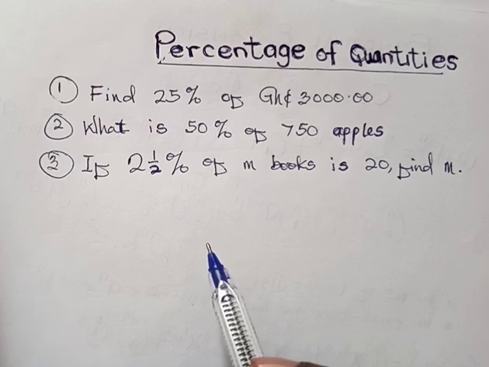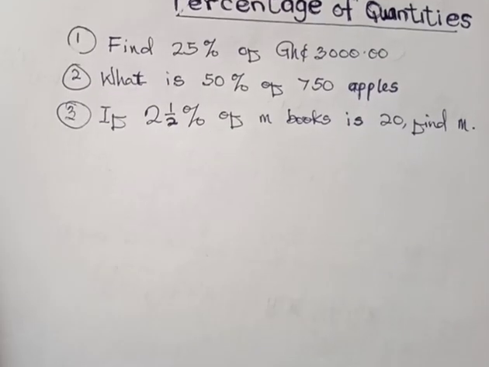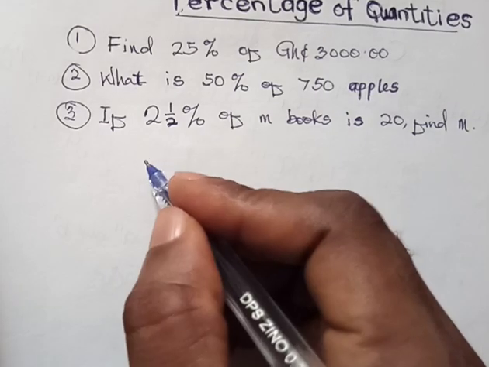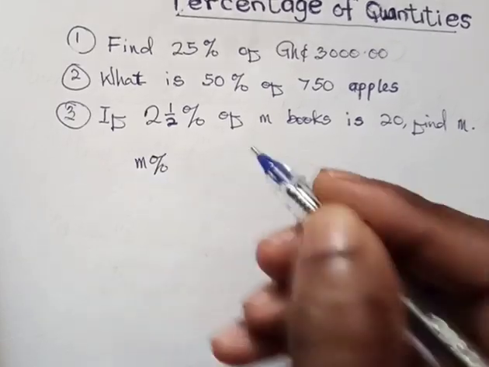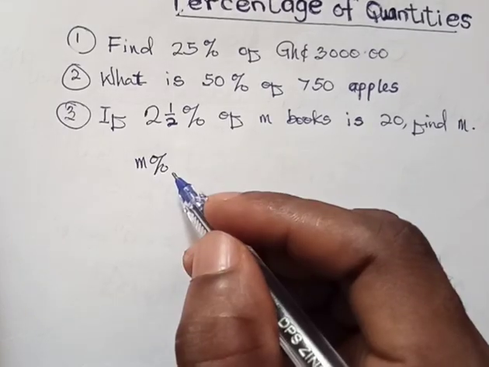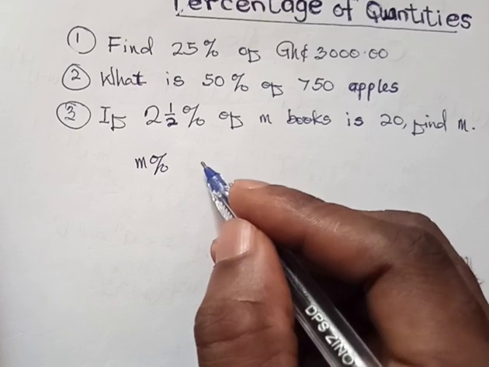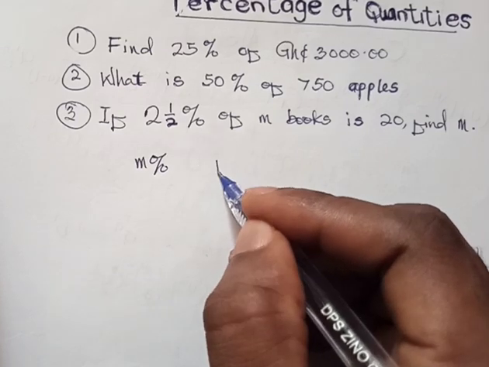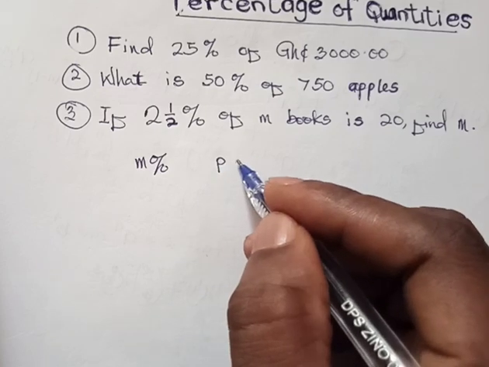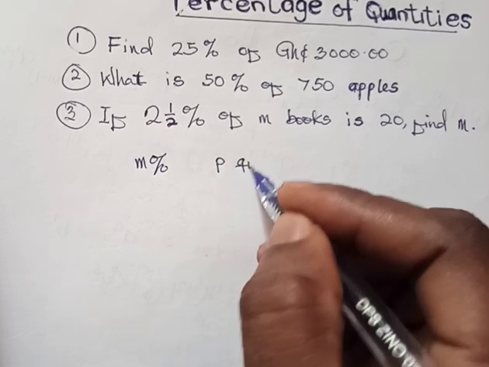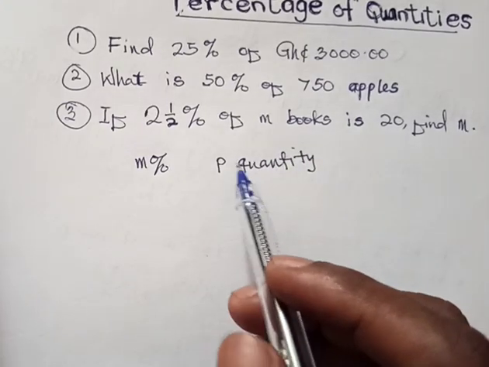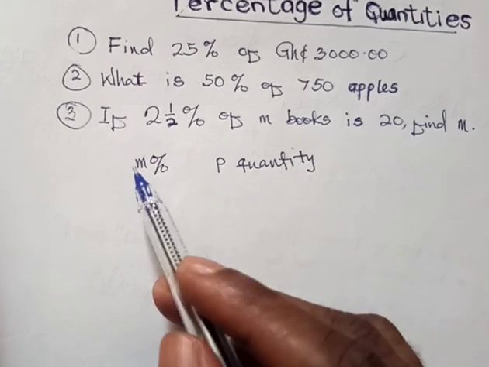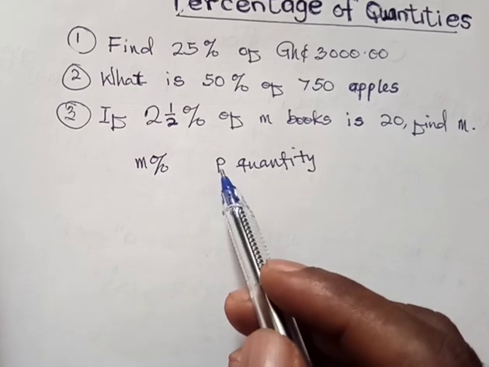Now, whenever you are asked to express a given percentage, so let's say you have been given M percent, and also you are given, let's say, P quantity. So in a question, you are asked to express this M percent of the P quantity.